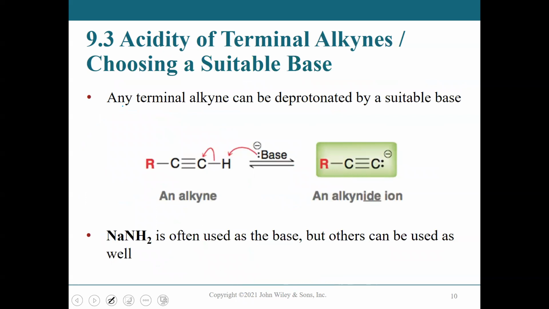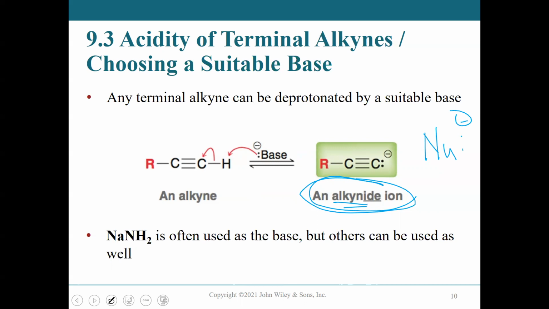And what you're going to produce if you deprotonate the alkyne is something called an alkynide ion. It comes from alkyne, right? This alkynide ion is very nucleophilic. I know that it is not in the list of our nucleophiles that we used in chapter 7a.